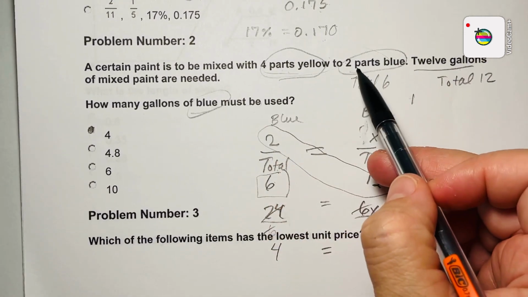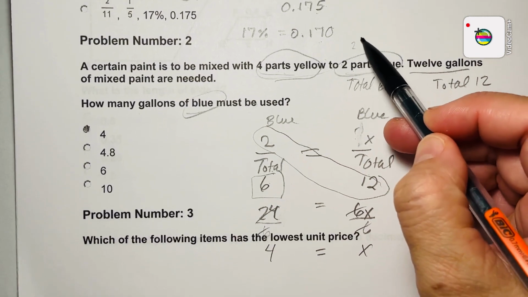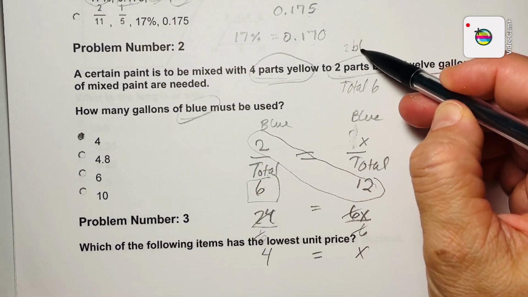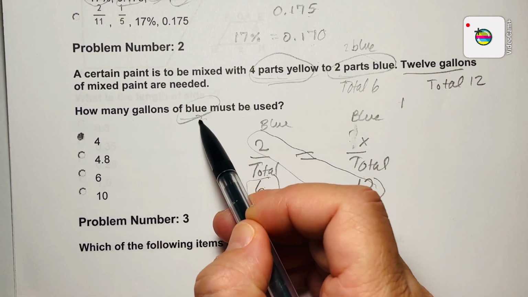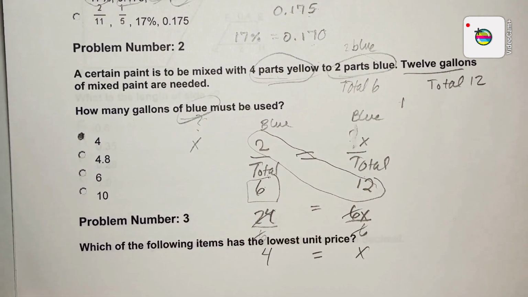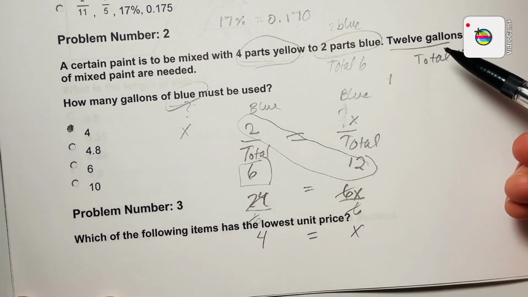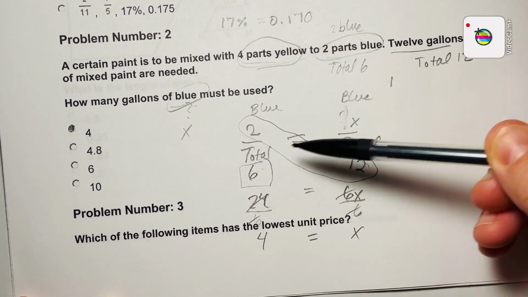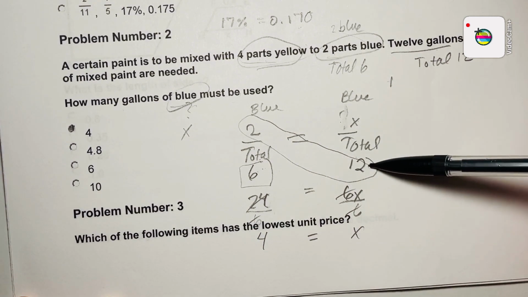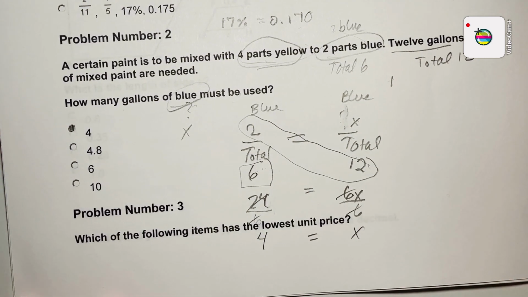The blue parts in this sentence was 2 parts blue, and then the blue part in this sentence was unknown, or x. Anyway, write out this proportion. 2 over 6 equals unknown over 12, and then solve.